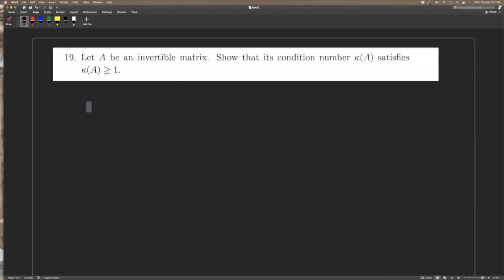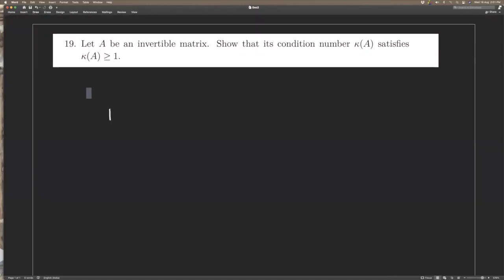If the norm used in the condition number is a subordinate norm, then we know that norm of the identity matrix is equal to 1, right? That implies norm of A into A inverse is 1.